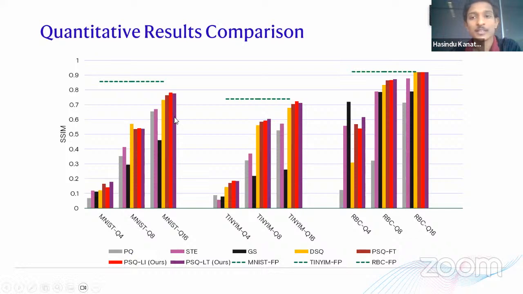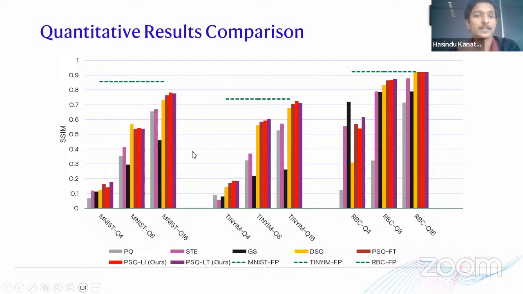If we consider the overall results, our methods outperform these other methods in almost all the cases, except for just a couple of cases. The differentiable soft quantization is the one that performs much closer to our method.